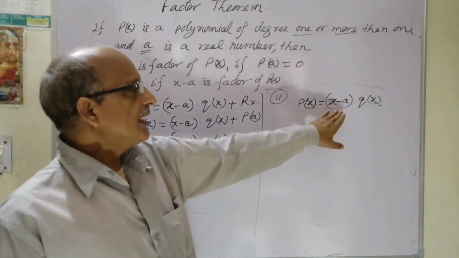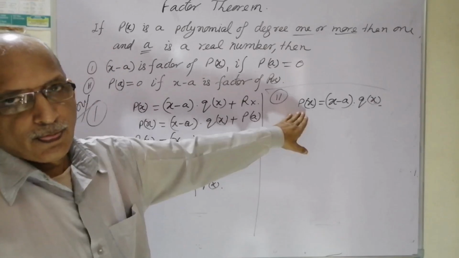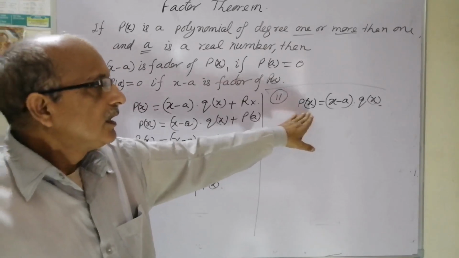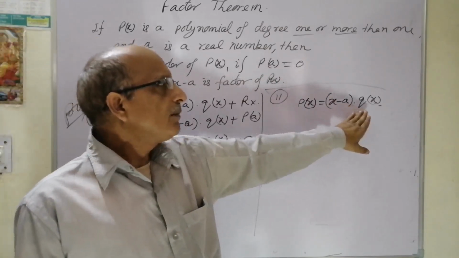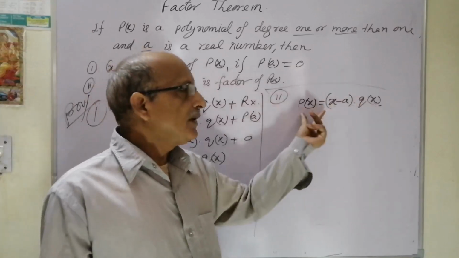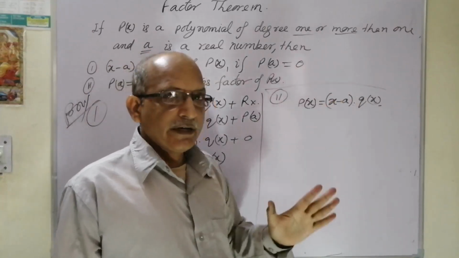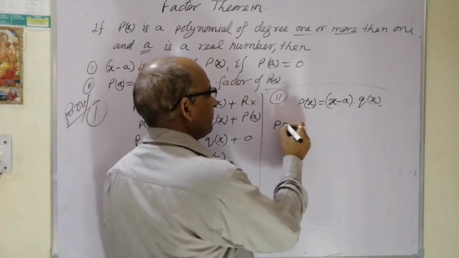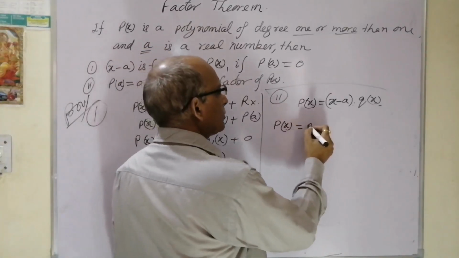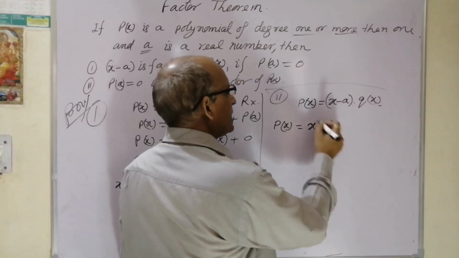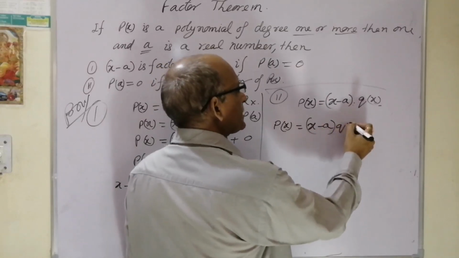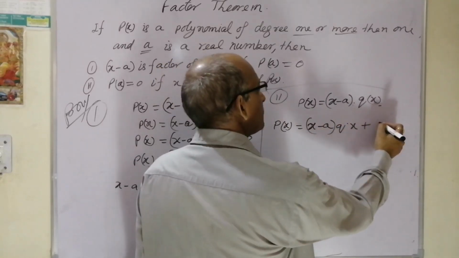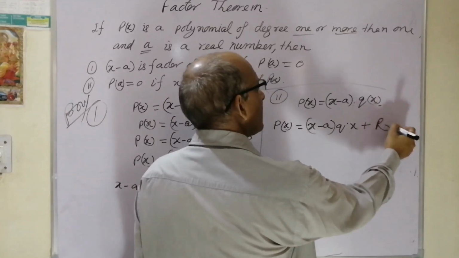If x minus a is a factor, it means x minus a can be multiplied by some polynomial to get p(x). So this can be written. Now again p(x) is equal to (x minus a) into q(x) plus r.